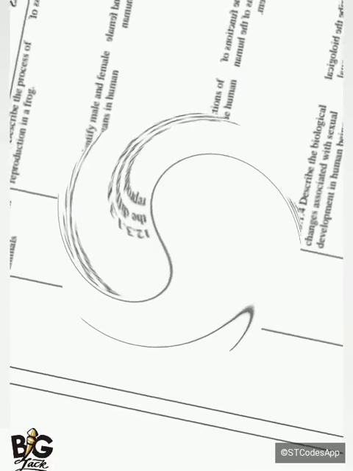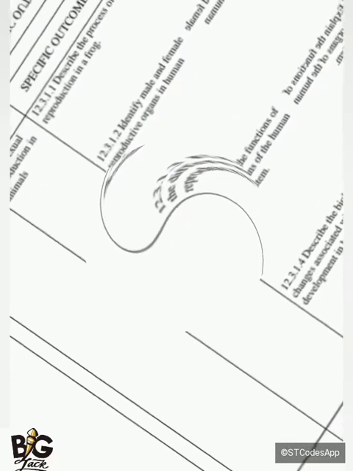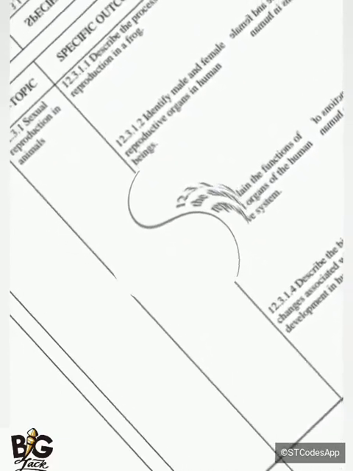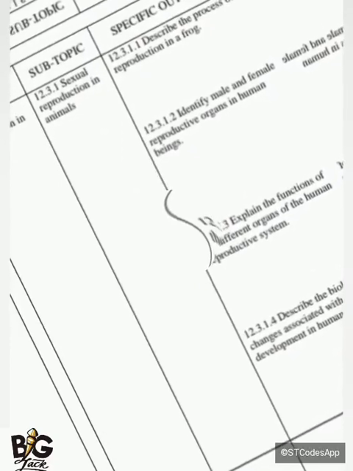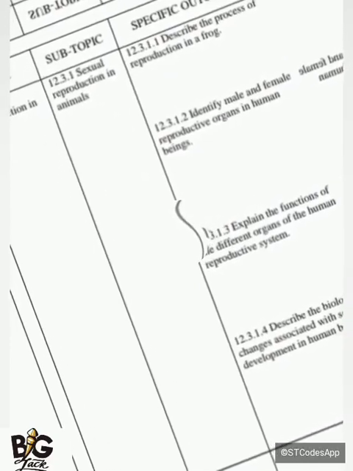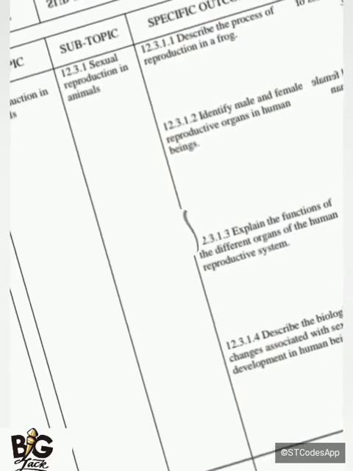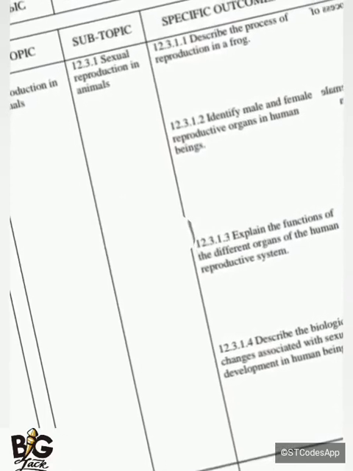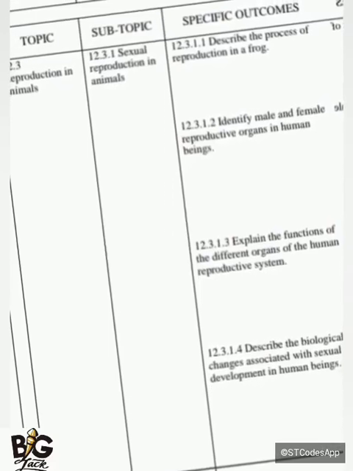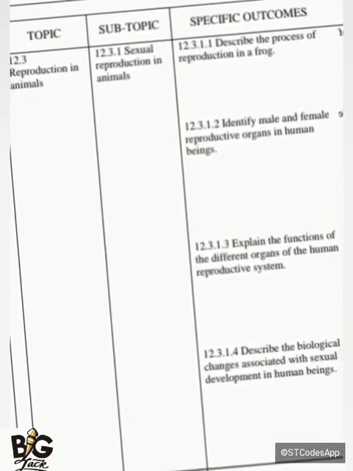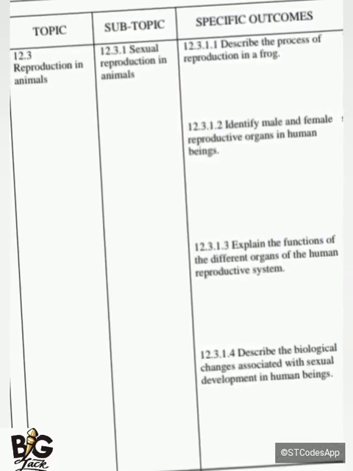Now, the next topic which is likely to come in your paper is reproduction in animals. Under reproduction in animals, they are going to ask you questions from sexual reproduction in animals. The first one, they can ask you to describe the processes of reproduction in a frog. In this part, you are free to include the diagram or diagrams.